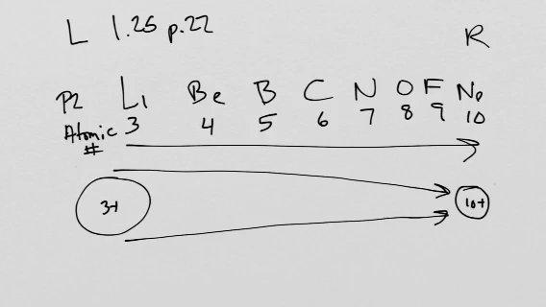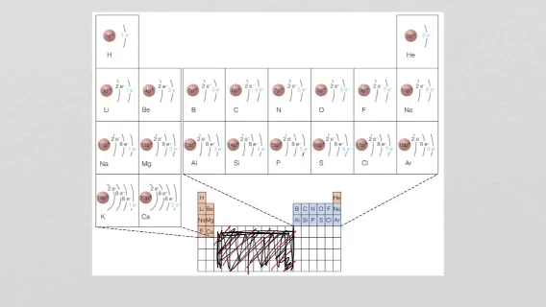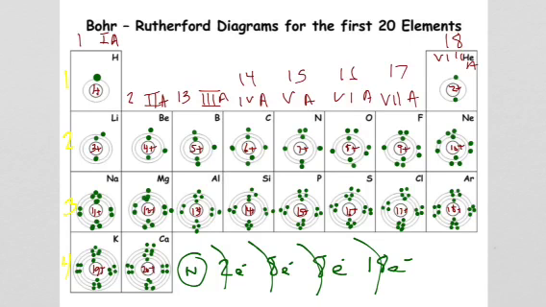Now, for the final pattern, we can look at the last image I added. Notice how we've numbered the periods here. The first period has how many orbits on it?